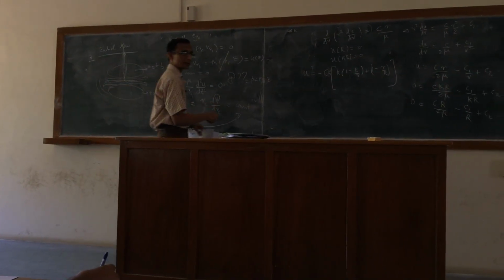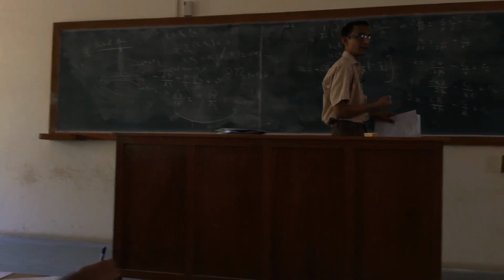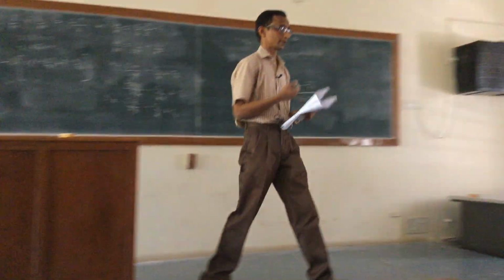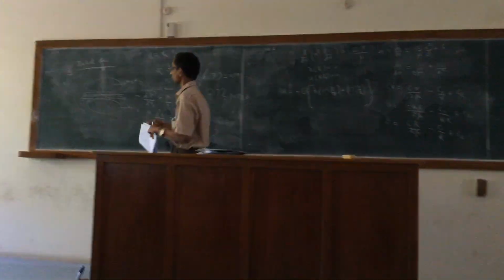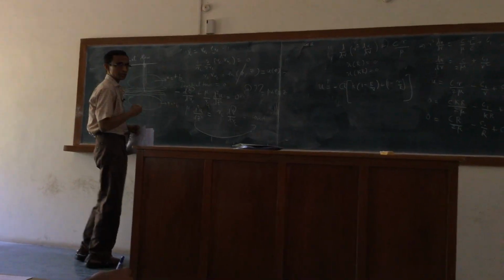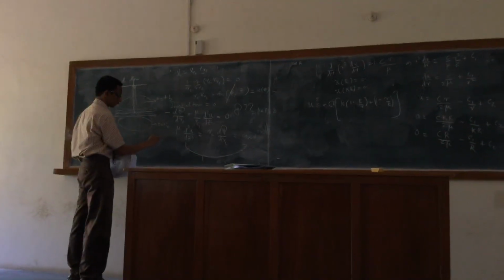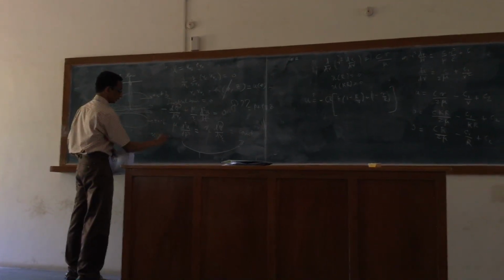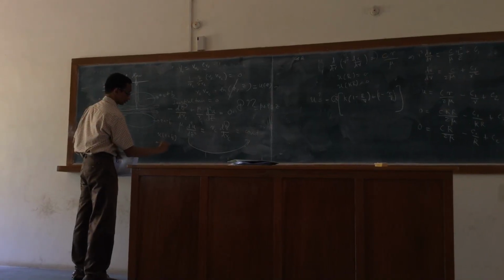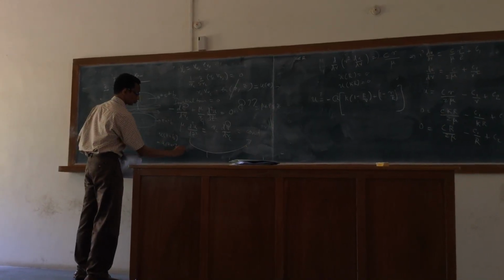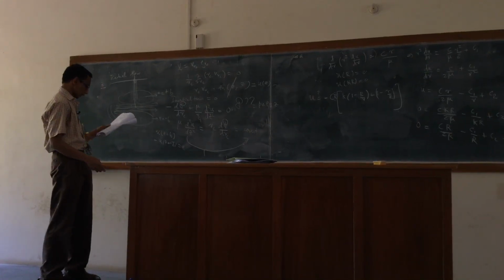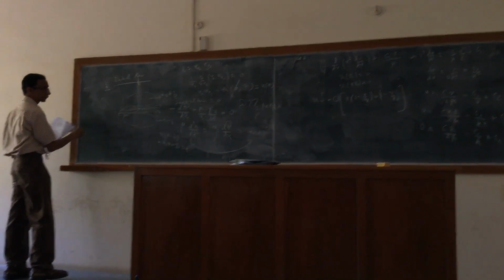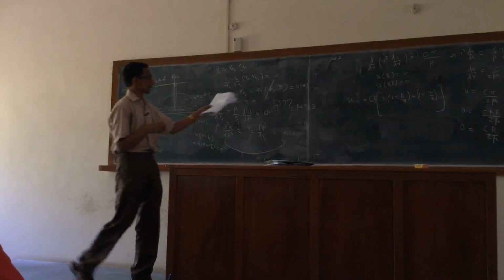If I integrate once, I'll get C1 times Z. Integrate a second time, I'll get the Z squared term also. If I put in the boundary conditions, since both the plates are stationary, you would get that U at Z equal to B is equal to U at Z equal to minus B, equal to zero.